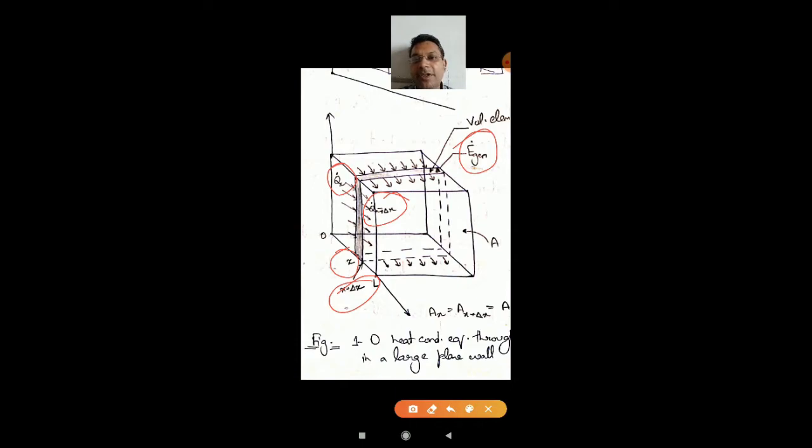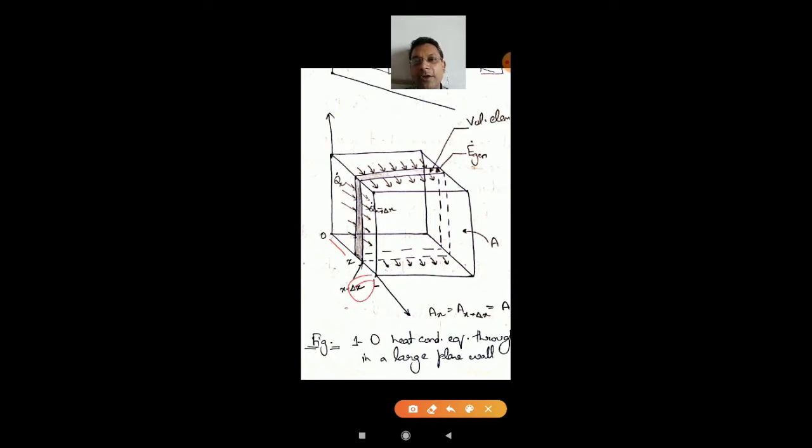Here I have taken the rectangular axis. You can see it here. In the rectangular axis, this volume element is placed, and the whole element under consideration is at a distance x from the origin, and its thickness is delta x.